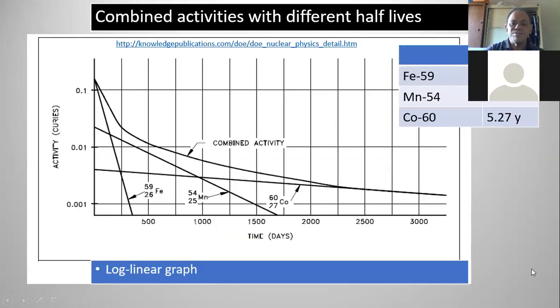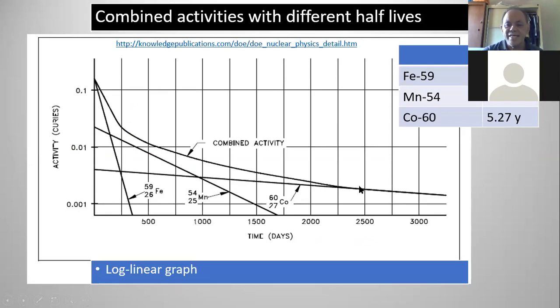Okay, and sometimes we may encounter many isotopes there. Usually they won't ask you too many, probably two, but very rarely it comes up. You can have three isotopes together and you can see that the half-lives are very different. So if we take a log scale here, initially this part will be the decay of the smallest half-life one.